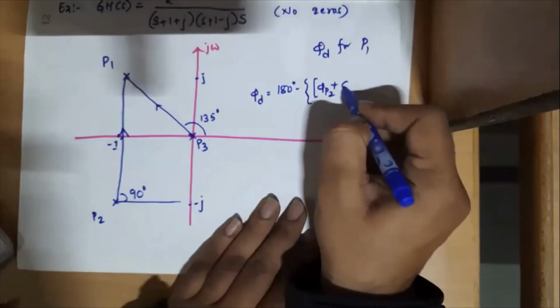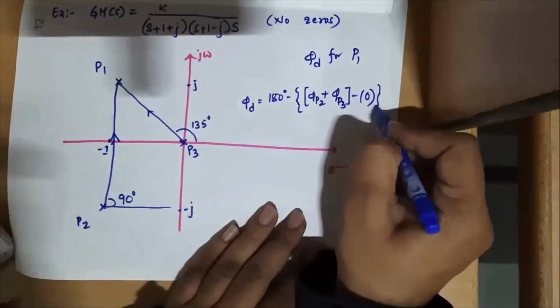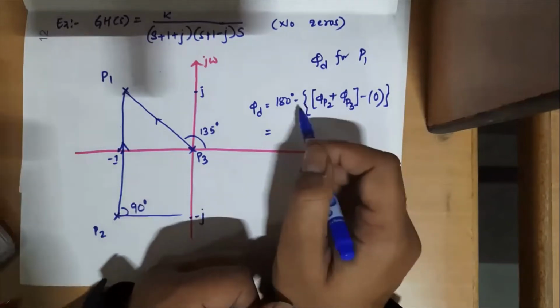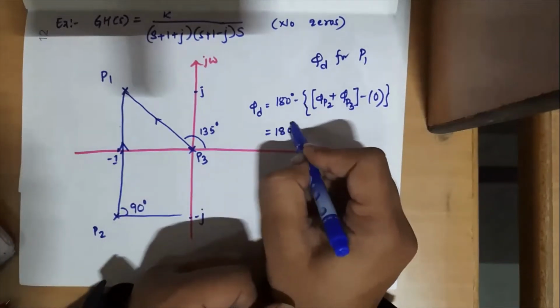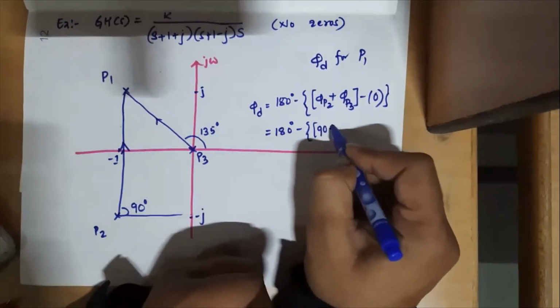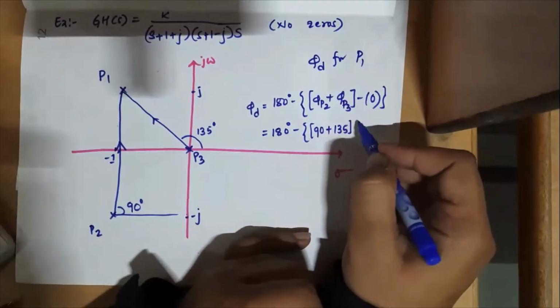So that I will write as phi P2 and phi P3. These are the angles of the vectors from other poles. And there is no 0 at all, so no need to draw any vector from 0. So phi P2 is 90 degrees, phi P3 is 135, minus 0 as it is.